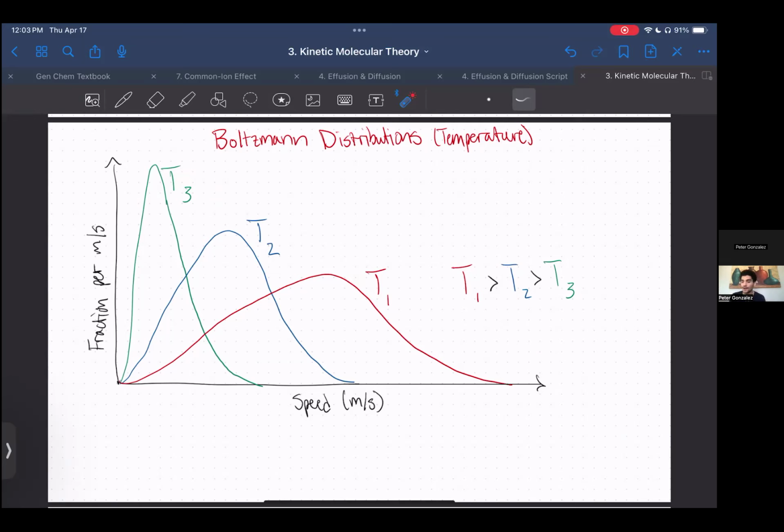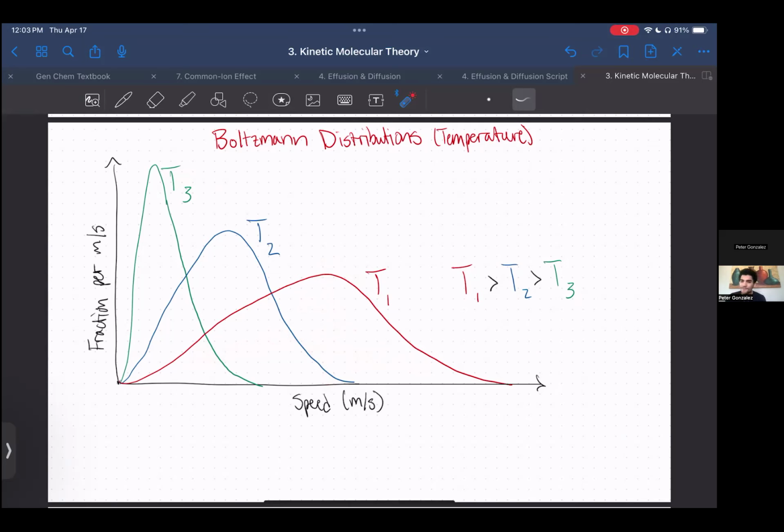Even though you have the majority of your gases at this hotter temperature, they do still exist across the whole spectrum. And that's what comes up a lot in chemistry: distributions. Even though something is unlikely, it's not impossible.